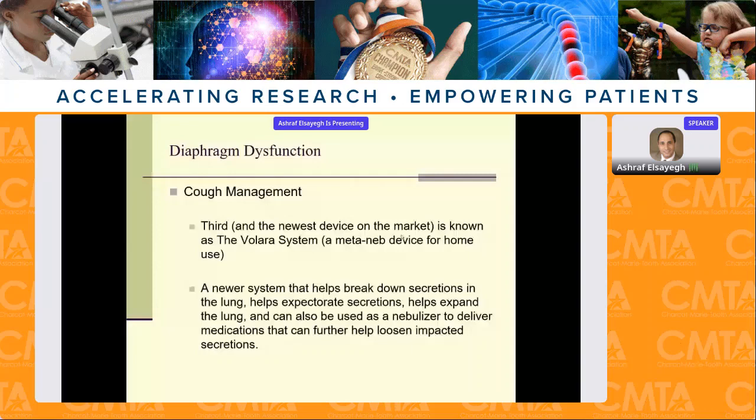But anyway, we've been using this in the hospital for over 10 years now, and it's called the MetaNeb device. They came up with the same device for home use, and that's the newer one. It's called the Valera System, and I've started using that, and it's been working very well for some of my patients at home, to be honest.